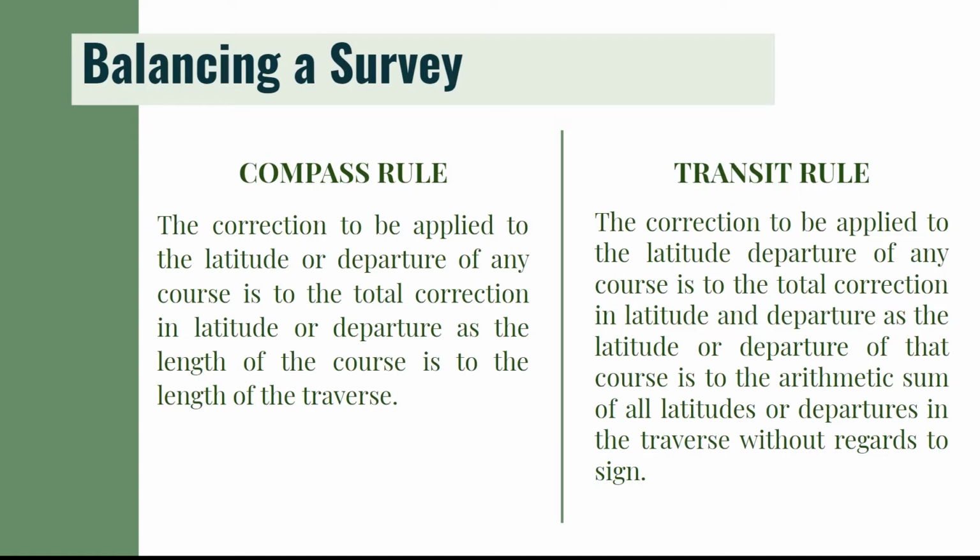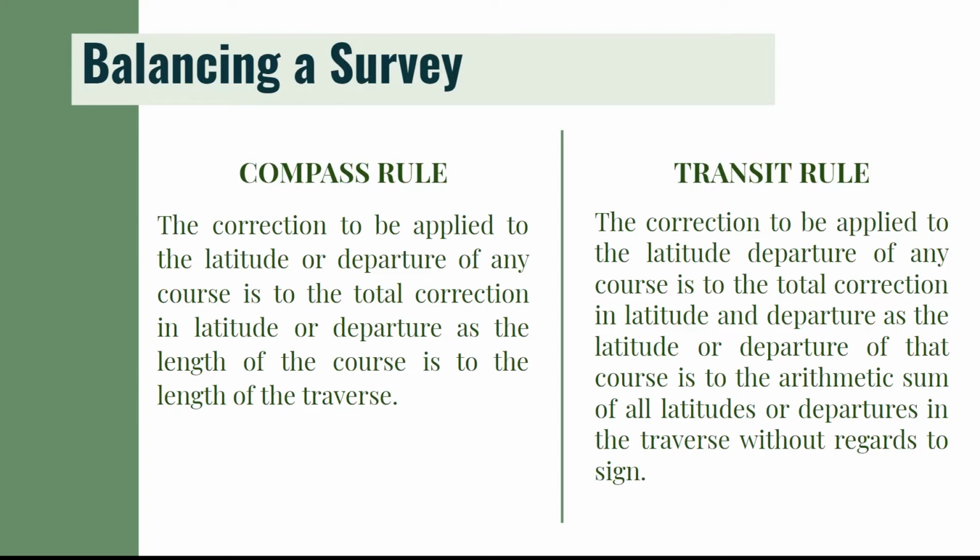The correction to be applied to the latitude or departure of any course is to the total correction in latitude or departure as the length of the course is to the length of the traverse. The compass rule is used when it is assumed that the closing errors are as much a result of errors in observed angles as of errors in measured distances.